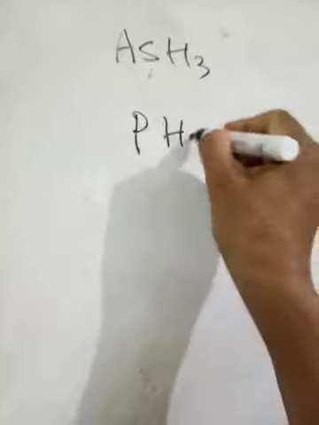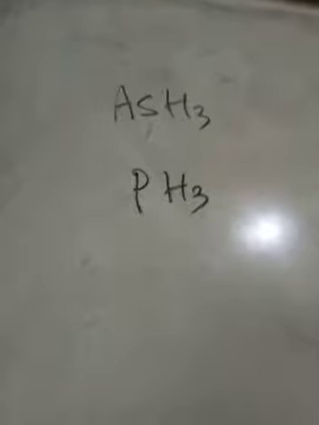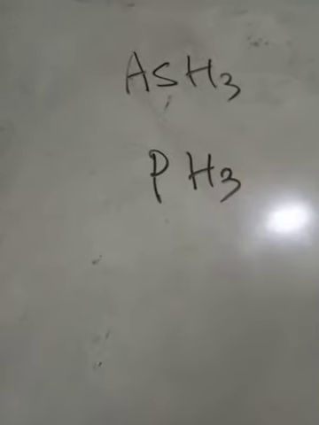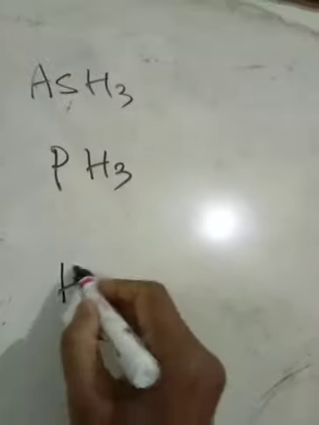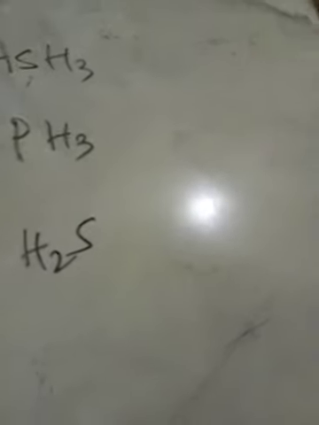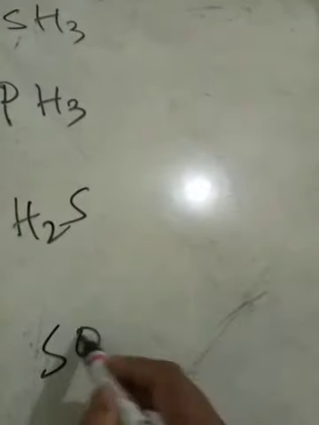These are gaseous impurities. Another is H2S, also a gaseous impurity, or SO2 or NO2. And there is some moisture. So these are the impurities mixed with hydrogen.